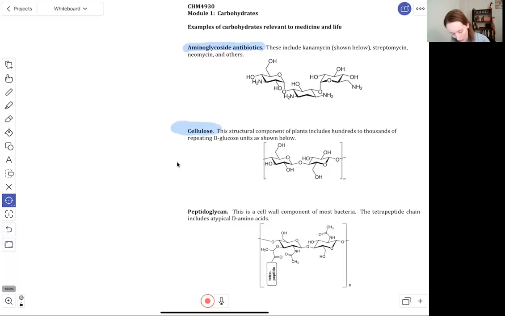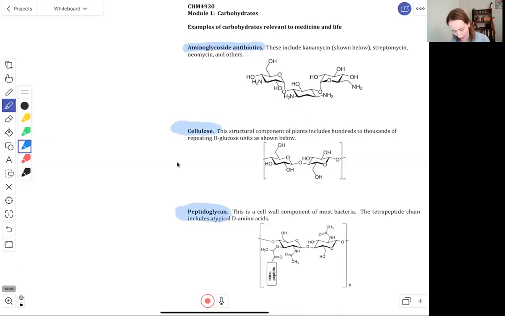And then peptidoglycan is an interesting example of a molecule that contains both carbohydrate components and amino acid components. Peptidoglycan is a constituent of the cell wall of bacteria.